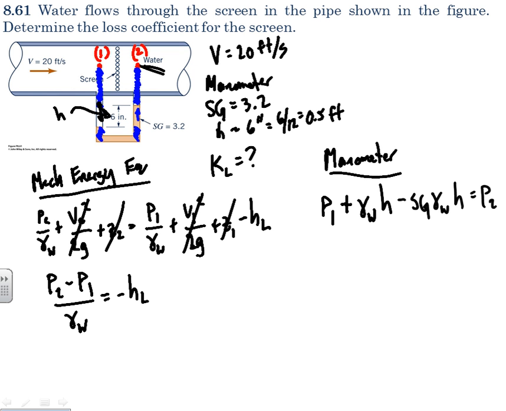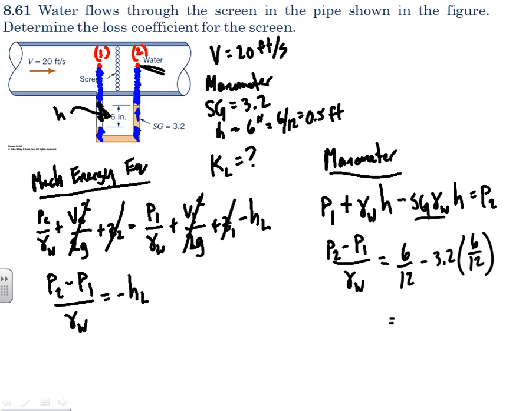Okay, I could rearrange this, and I would have P2 minus P1 divided by the specific weight of water is just equal to, and I'm going to plug in some values here. I have the height h, 6 over 12, minus this term, specific gravity times h, and that is minus 3.2 times 6 over 12, or 0.5 feet, right?